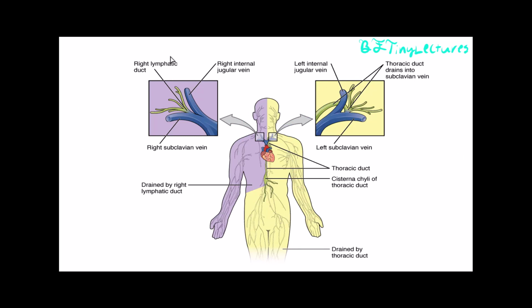After we go from the lymphatic ducts, or the thoracic duct, into the subclavian veins, we will eventually reach the heart, and the heart will go into the systemic circulatory system.